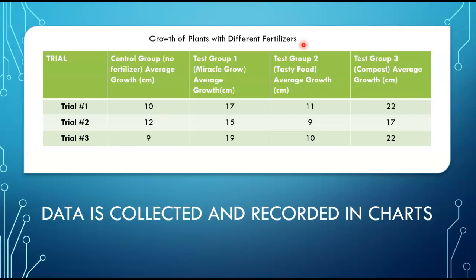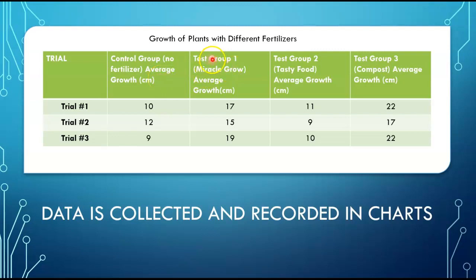So I'm going to be reading how plants are grown in different fertilizers. So I've got a control group. This one did not get any fertilizer. And in trial 1, it grew 10 centimeters. In trial 2, it grew 12 centimeters, and in trial 3, it grew 9 centimeters. And the way I know that is because it says what unit of measurement was used.